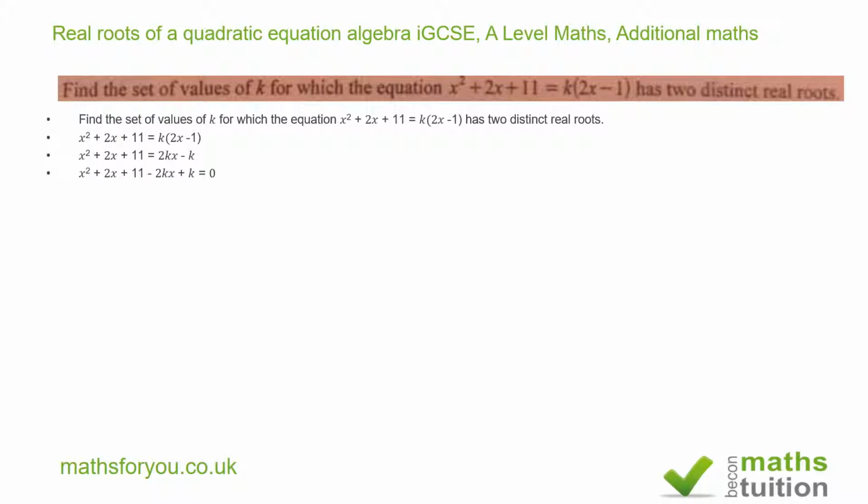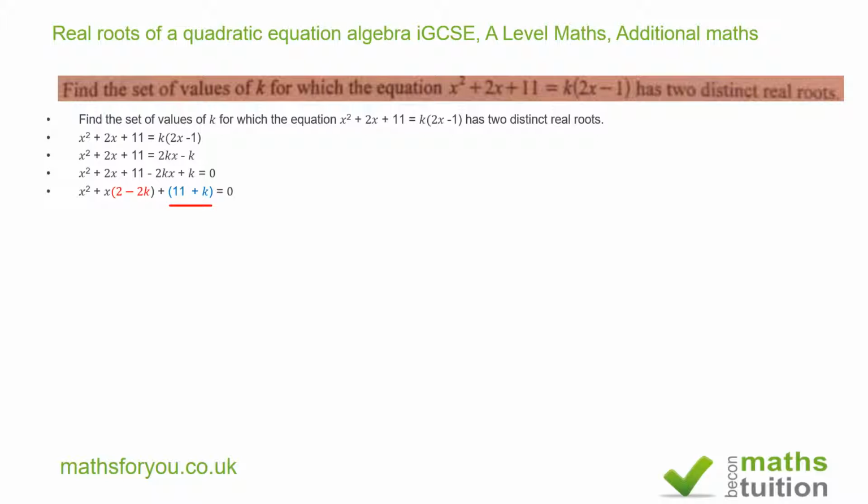Right. Now, the next step is to collect like terms. We've got 2x and 2kx, so the coefficients of x are 2 and 2k. The 11 plus k will be a constant.